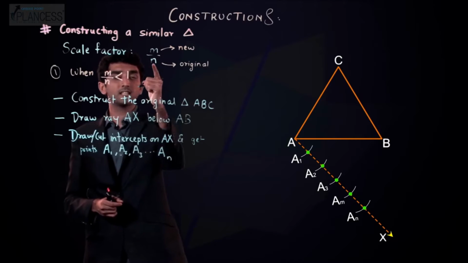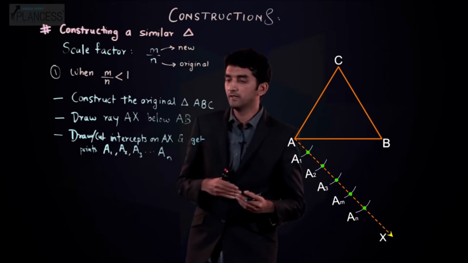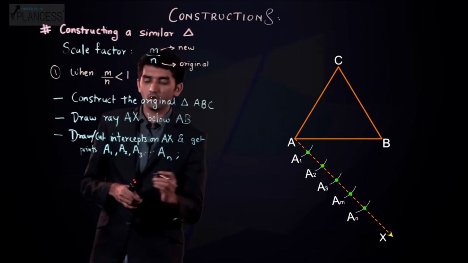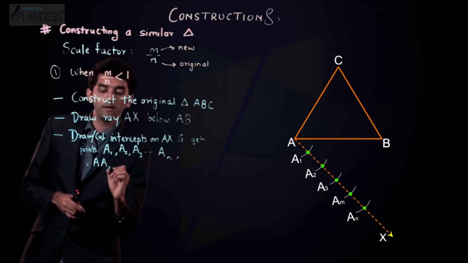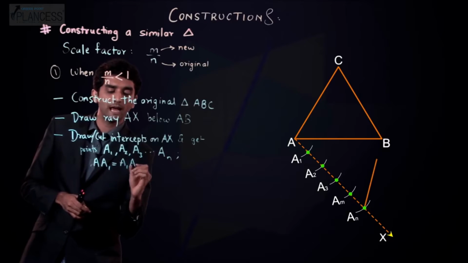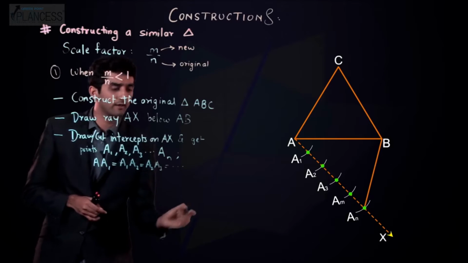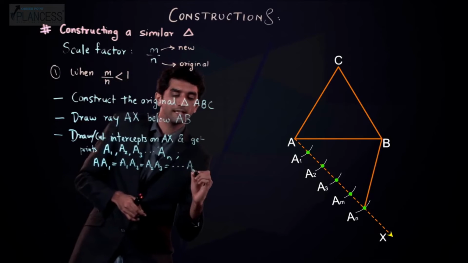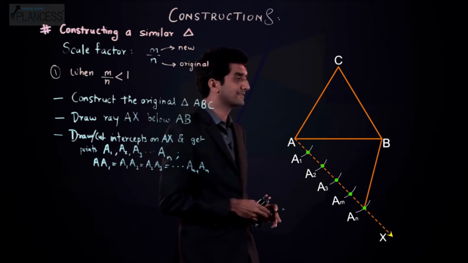Now N is this number which is going to be the larger number in comparison to M, and we have to make sure that AA1 is equal to A1A2 and so on. Now this is something that we have done already, and this will go on till AN minus 1 AN. So all these intercepts have to be same.